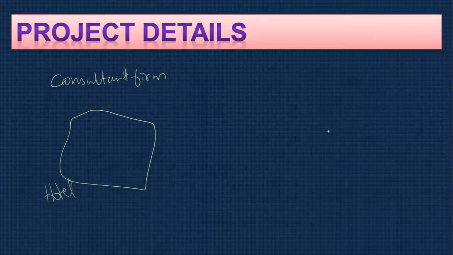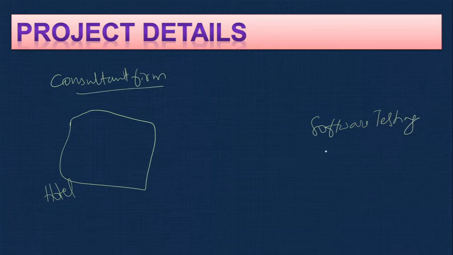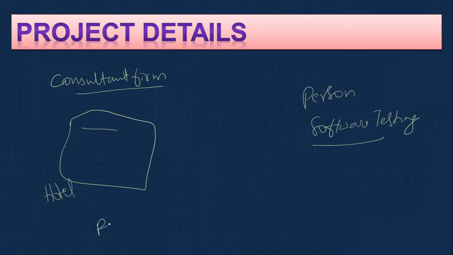An international dignitary who is very famous in that country conducts conferences there, for example on software testing. This consultant firm can communicate with this person, and now they can conduct the same conference in this particular hotel. Therefore the people who are interested to participate can come and join.